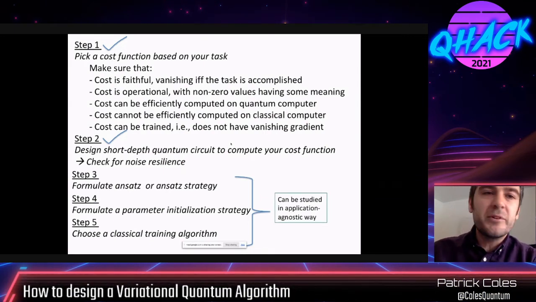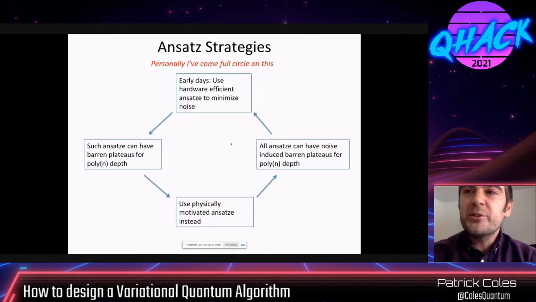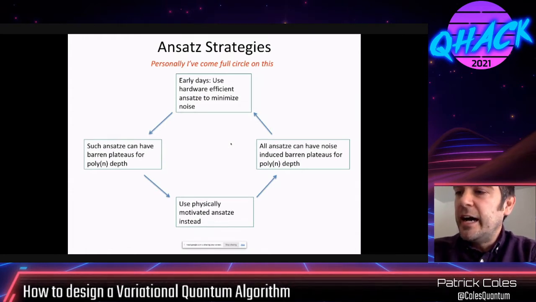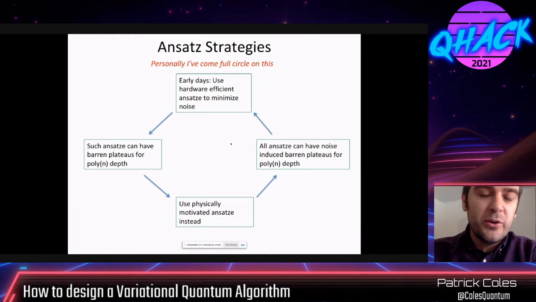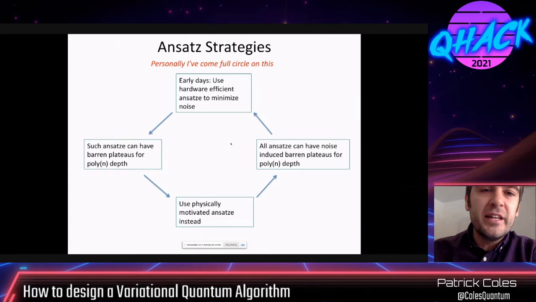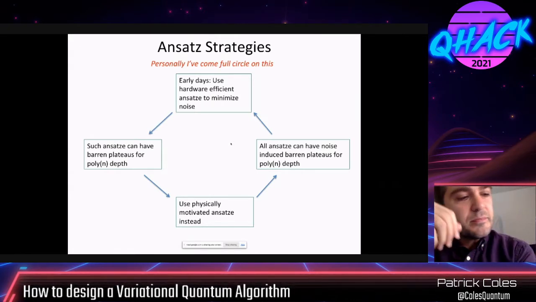So let me, for example, talk about ansatzes. Now, this is actually my most controversial, or most opinionated, slide, so it doesn't necessarily represent the whole community. It's just my own personal opinion. But it's interesting to think about ansatz strategies and how they've evolved over time.